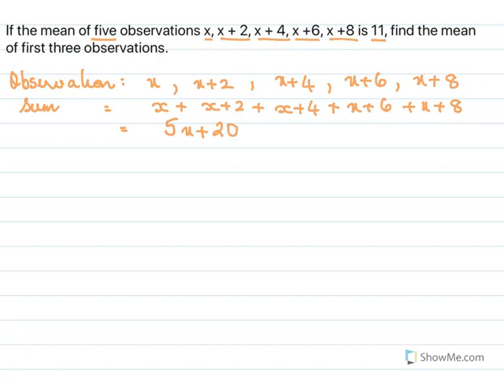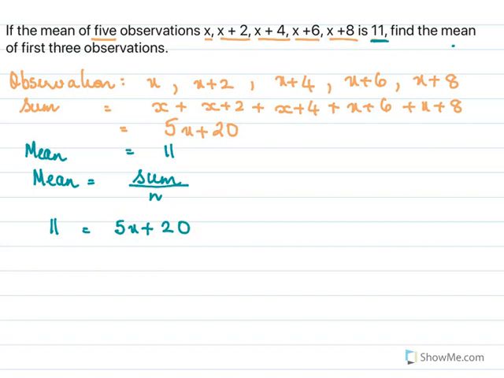This is the sum. Now the mean is given as 11. So mean equal to 11. So mean equal to sum over number of observations. That means 11 equal to 5x plus 20, and number of observations are 5, so over 5.